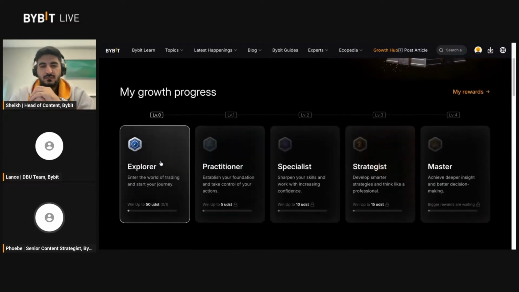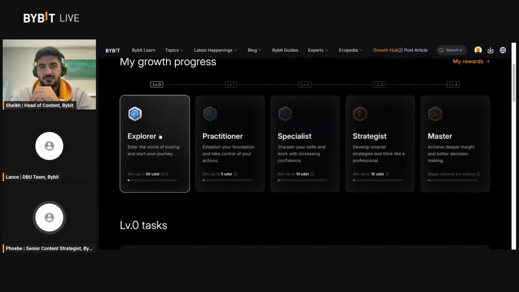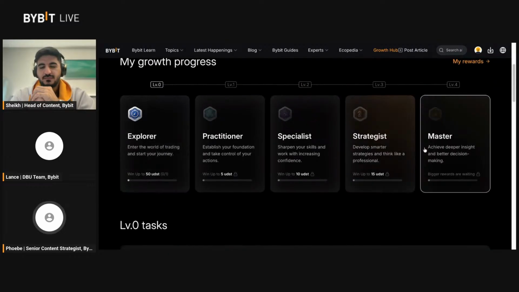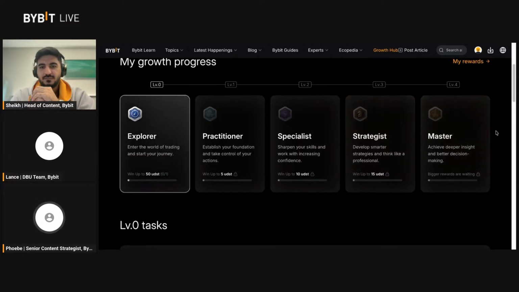So here you can see we have 5 levels in total, from entry level all the way to an ongoing monthly or even weekly reward, and also the campaigns where you can earn more. Each level is designed for a specific stage of your trading journey.